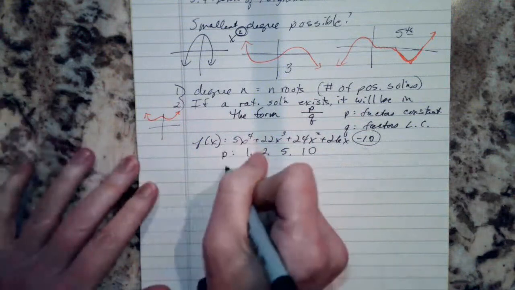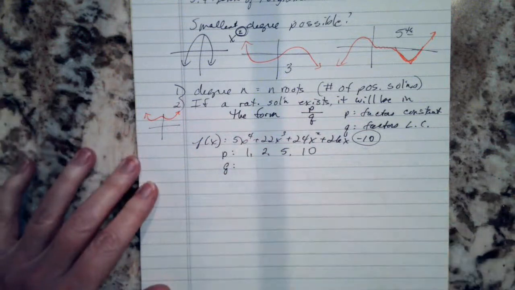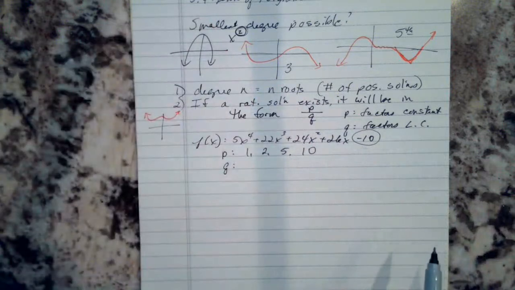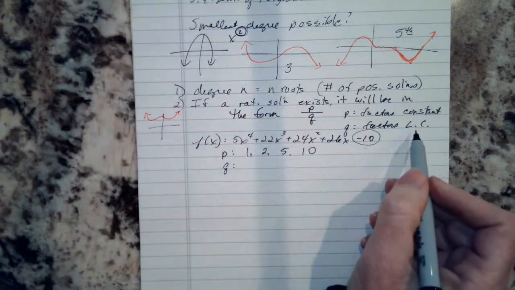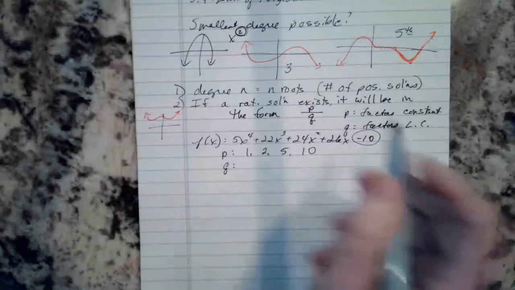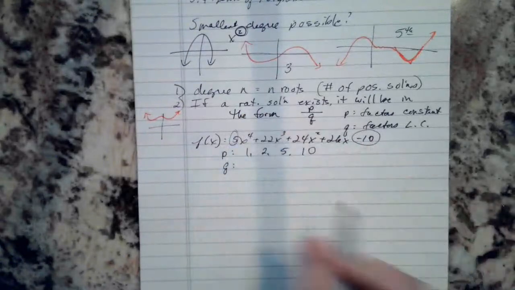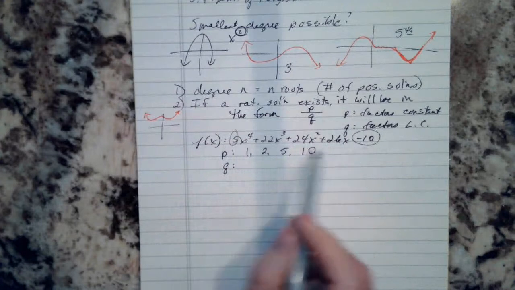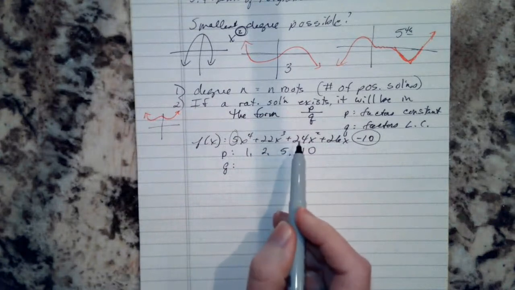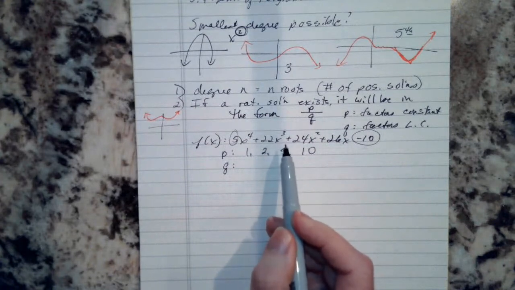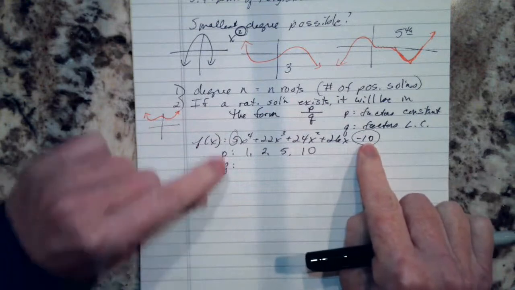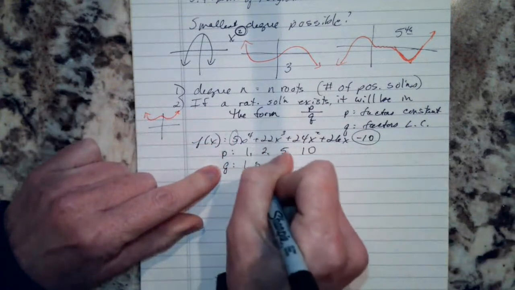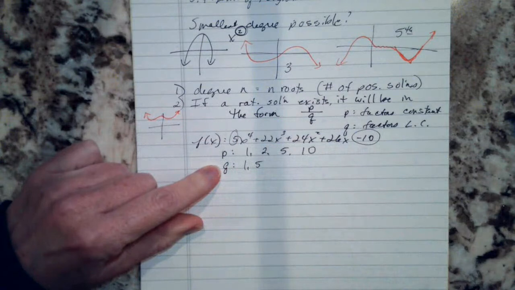Now, the factors of the leading coefficient will create the denominator for these possible answers. So what is the leading coefficient? It's a 5. We don't care about any of the other terms in there. You're only looking at P and Q. So the factors of 5 are 1 and 5.